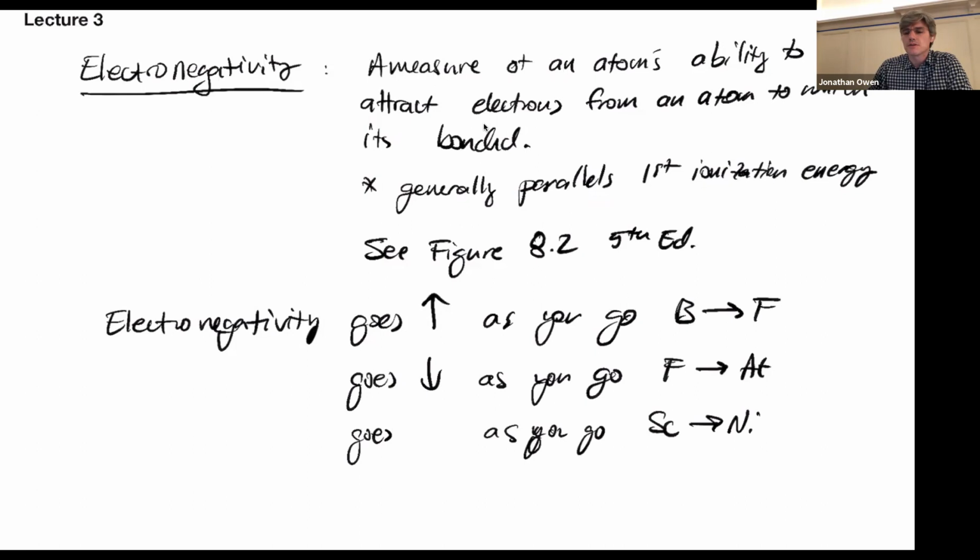I hope you guys are putting some effort into doing those exercises because you need to know your periodic table. Who knows where nickel is? Nickel is more electronegative than scandium because it is located where?